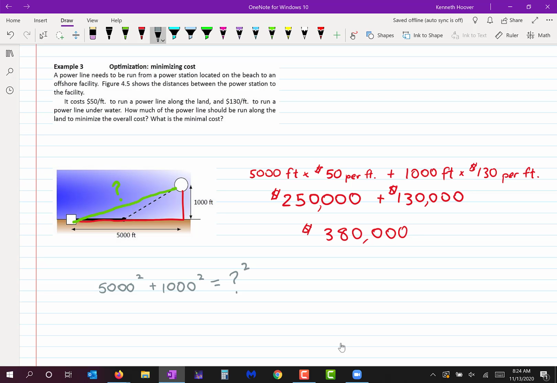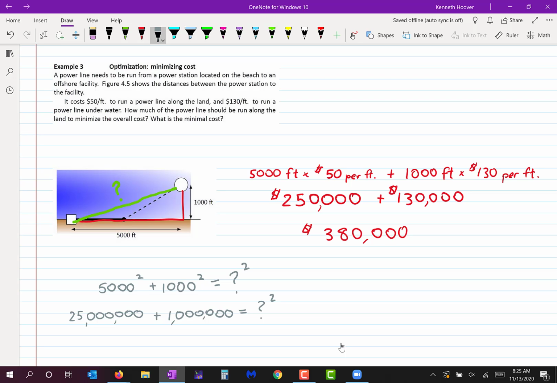Okay, so that's going to be $25 million plus 1 million equals question mark squared.